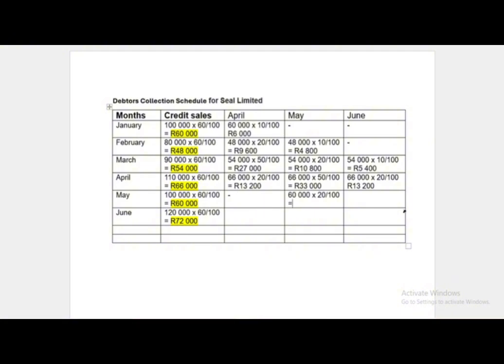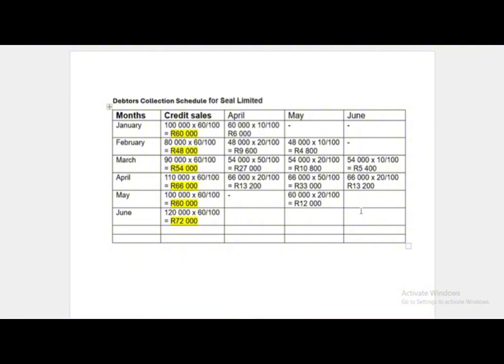We're not calculating for them because they are prior. All right. And then we are going to collect 20% in the month of sale, which is May. So it's going to be 60,000 multiplied by 20 out of 100. So we are collecting 12,000 in the month of May for May.